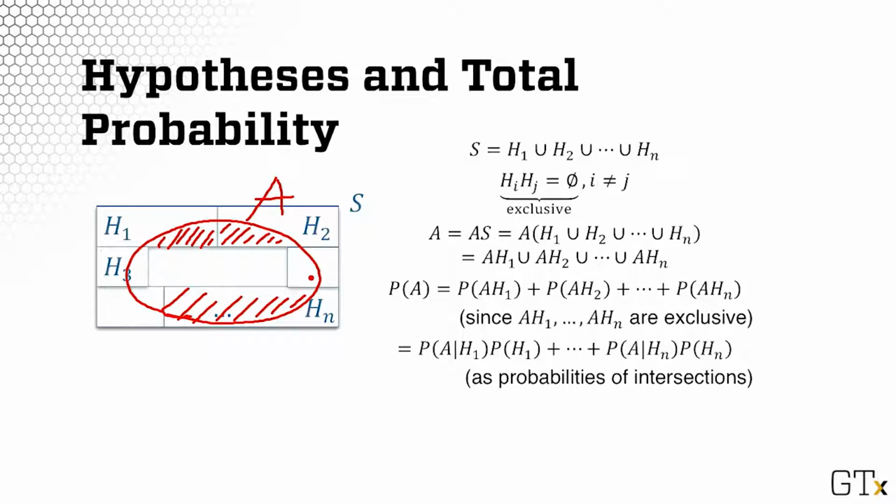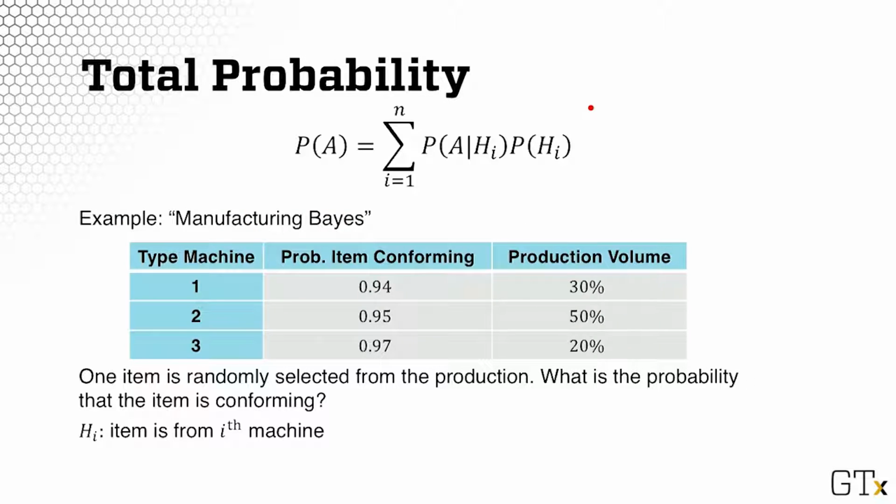The probability of A intersection Hn is equal to the product P of A given Hn times the probability of Hn. So what you see is the total probability formula. So the probability of A can be split as a sum of these products, the probability of A given Hi times the probability of Hi.